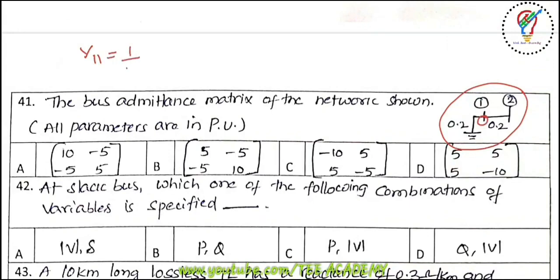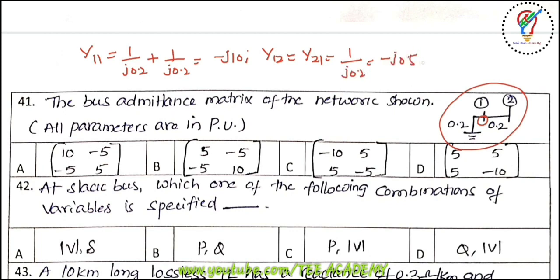So 1 by j0.2 plus 1 by j0.2, so you will get it as minus j10 directly. Okay, and similarly y12, so y12 is equal to y21 is equal to 1 by j0.2 is nothing but, yes, it is minus j5. And similarly y22, only one element is connected, so 1 by j0.2 is nothing but minus j5.